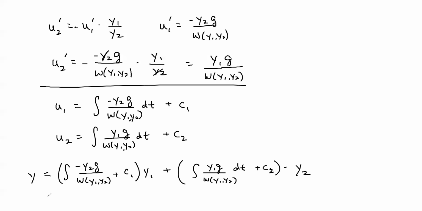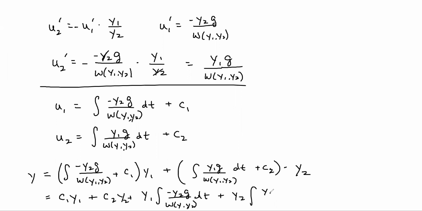If you do that, this is what happens. Let's just save a step. We're going to get C1 y1 plus C2 y2 plus y1 times the integral of negative y2 g over the Wronskian of y1, y2 dt plus y2 times the integral of y1 g over the Wronskian. And that's your result.